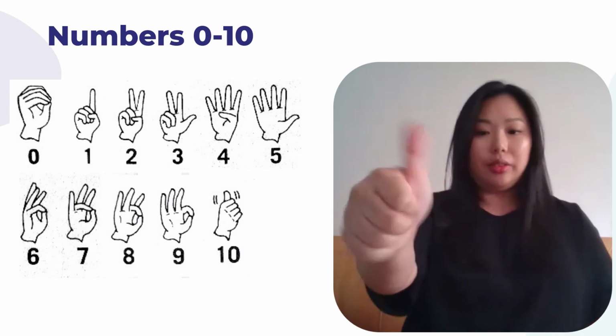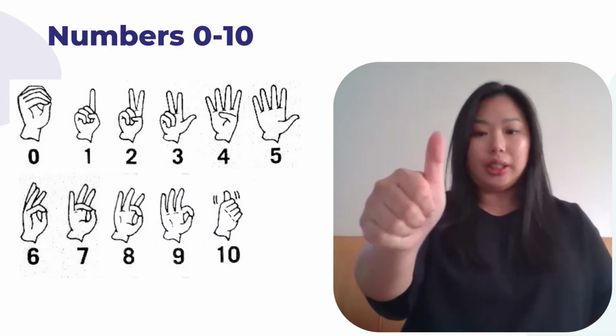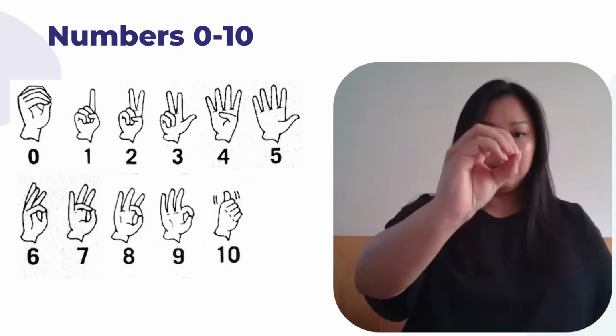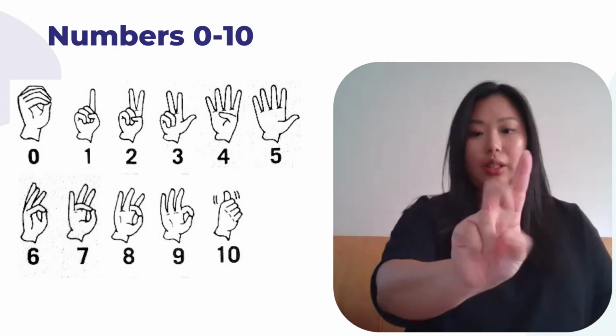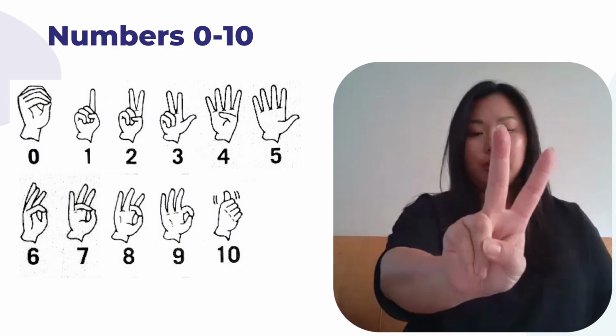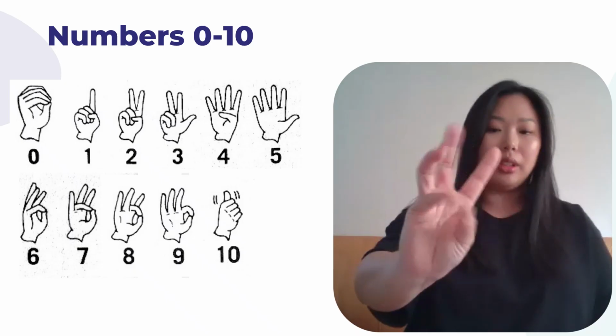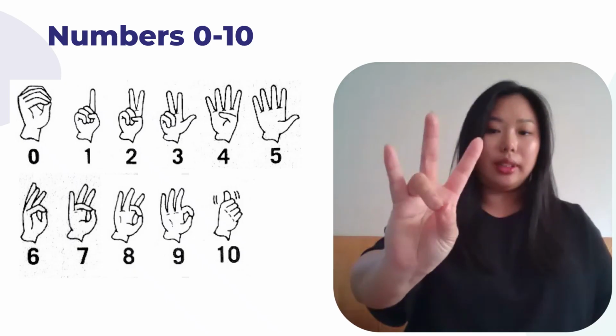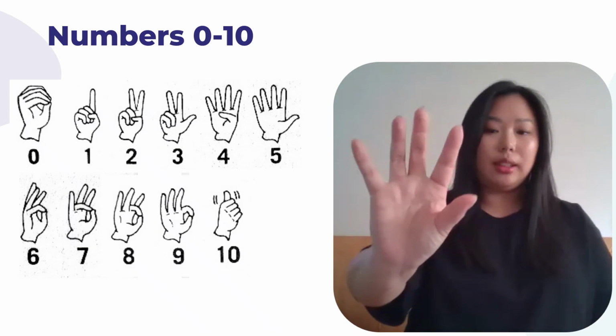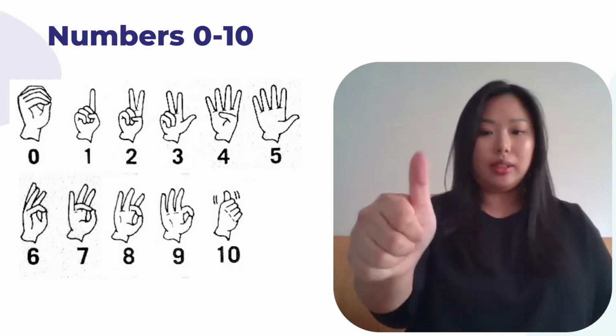Then 10, you wiggle your thumb. So again, 0, 1, 2, 3, 4, 5, 6, 7, 8, 9, and 10.